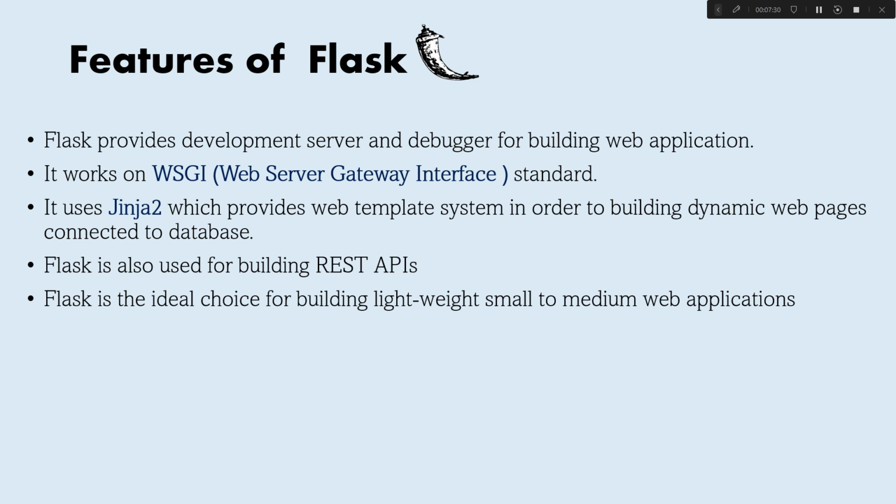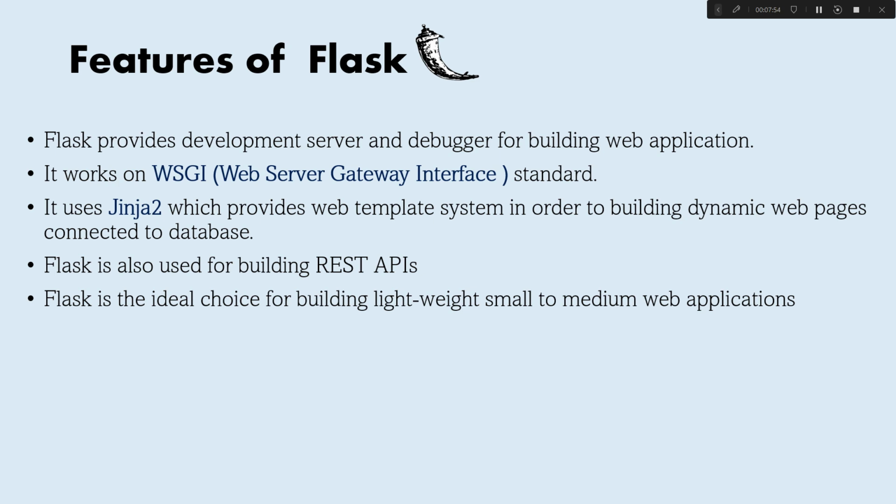Another very important use of Flask is that you can also build REST APIs with it. And it is also an ideal choice for building lightweight, small to medium web applications with database connectivity.